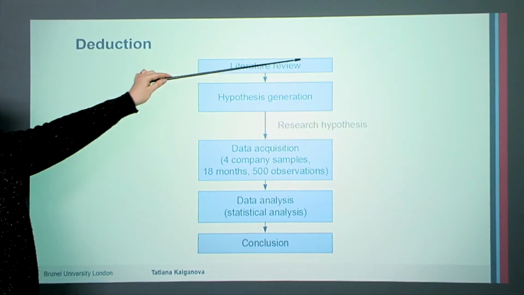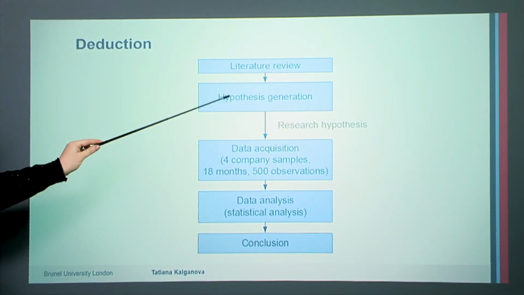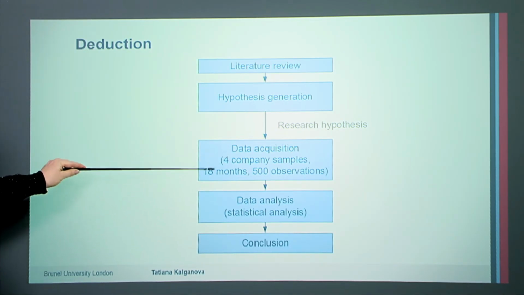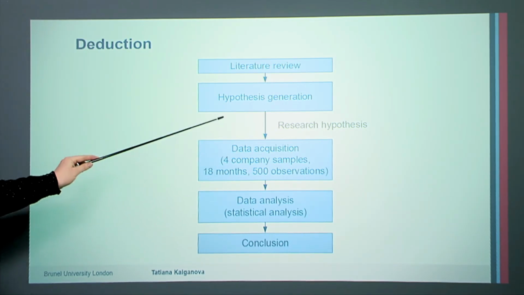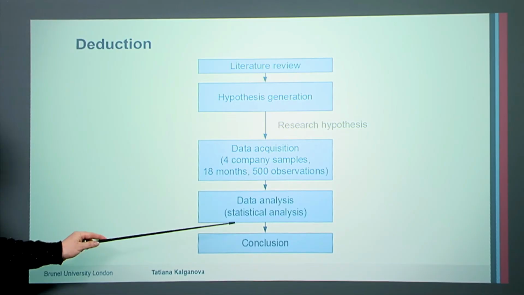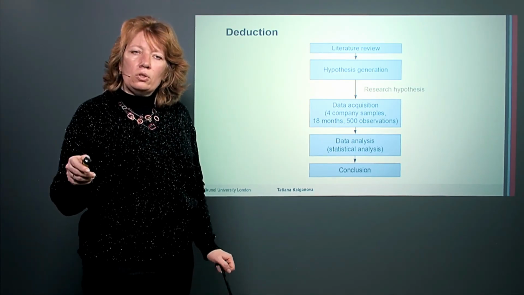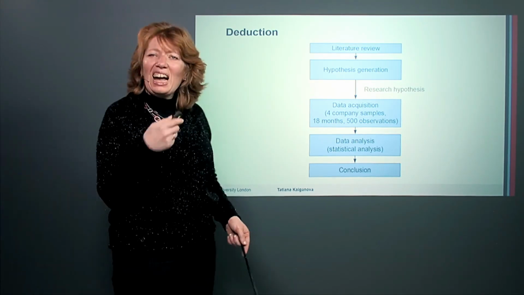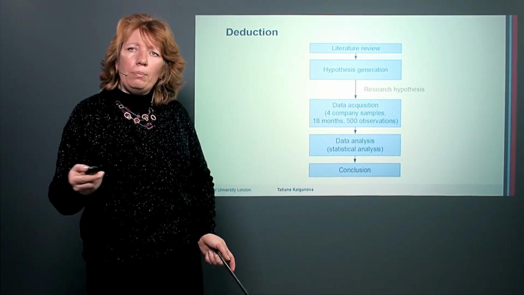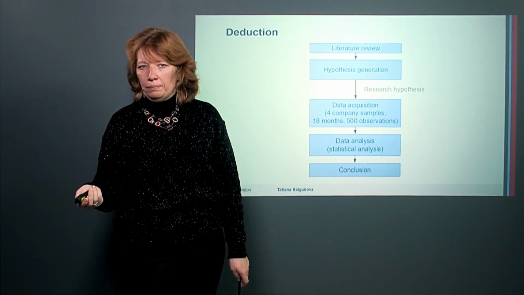Based on the research question, we can formulate our hypothesis, and this hypothesis will be tested on some particular data, and we can specify the specifics of the data, and this data will be analyzed using different statistical analysis, which will lead to a conclusion. Can you see? We can start to summarize our induction or deduction process using more specifics about our process rather than just saying that I have data or a theory.